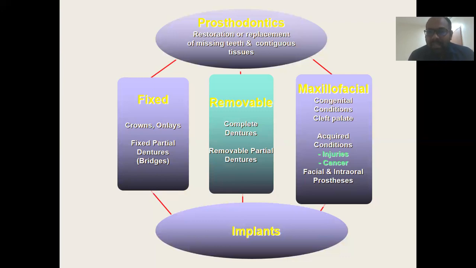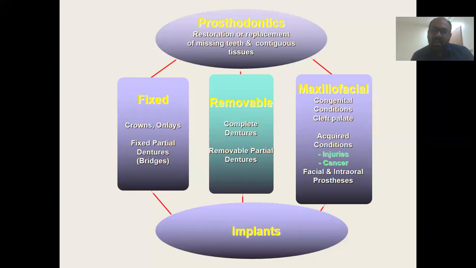The specialty that deals with restoring these structures is called maxillofacial prosthodontics. So these are basically the different branches of prosthodontics.